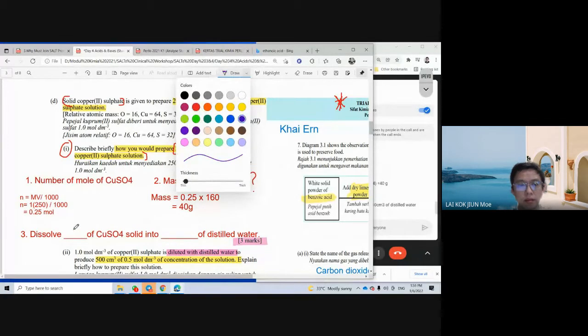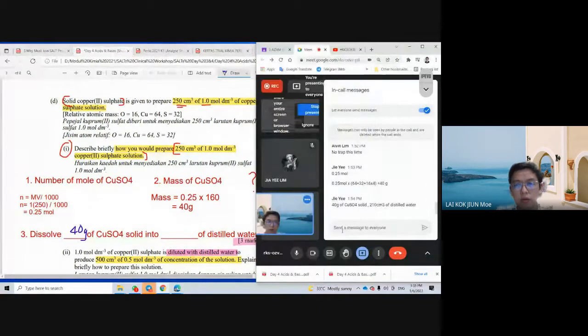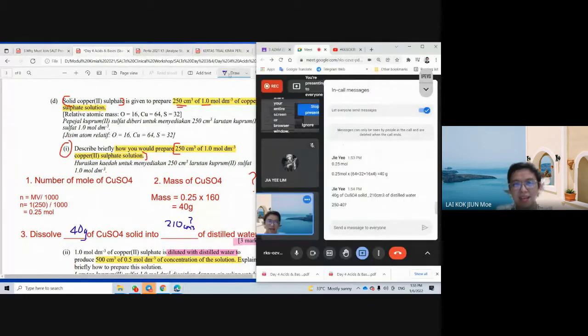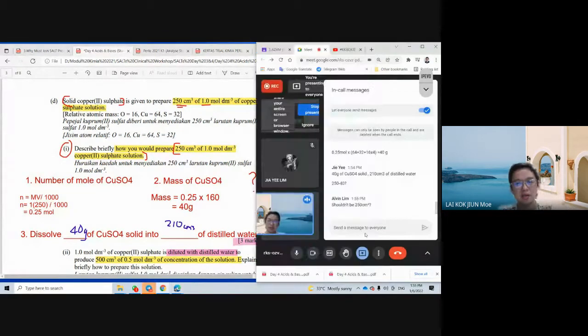We put inside the answer 40 gram here into how much of the water? JE, why do you say 210? How can 210, from where? Cannot do like this. Be careful, JE, because the solution is 250.